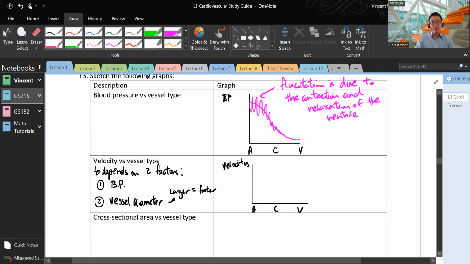It's going to be quite fast at the beginning because arteries have very high blood pressure. And then the vessel diameter, it's not super big, but relatively big compared to capillaries. And then we're going to have a drop here before coming back up again. So the speed is slowest at the capillaries.